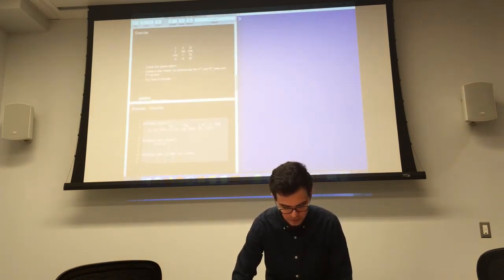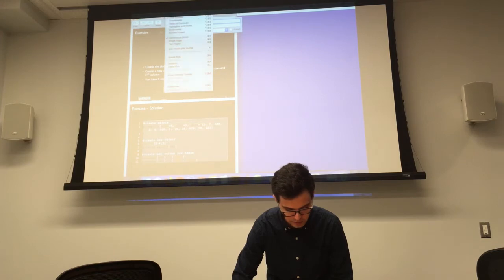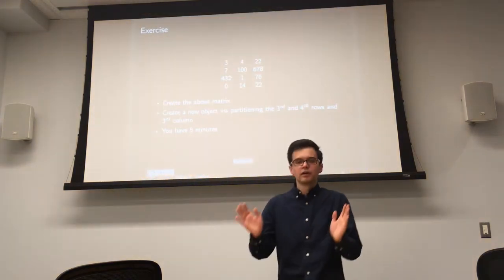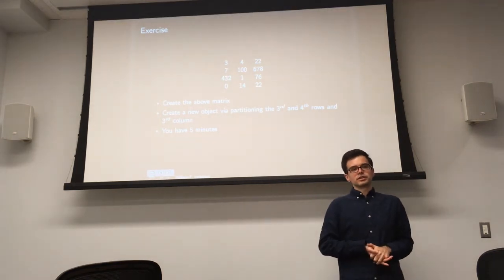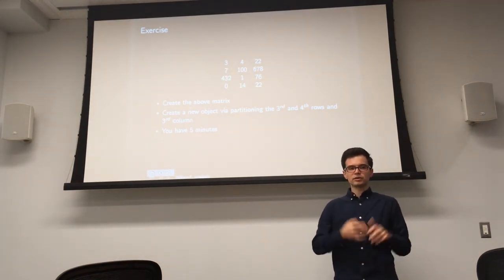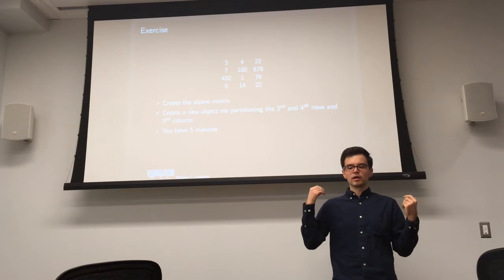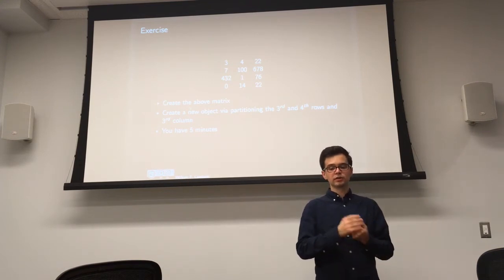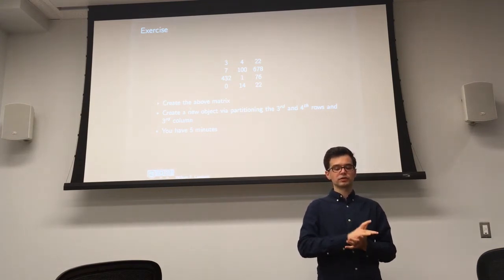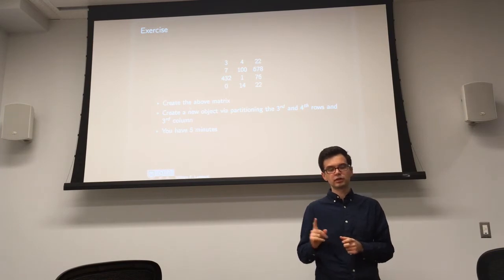But for now, what I want everyone to do is this exercise. You're going to have a matrix. I want you to first create this matrix in R. Then I want you to create a new object that's partitioning only the third and fourth rows and the third column of this matrix.